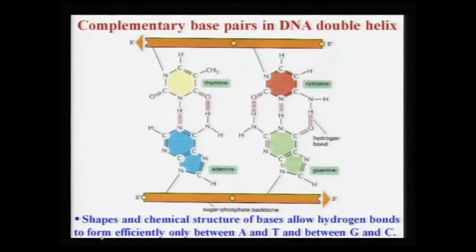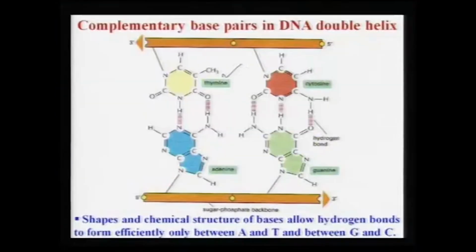Now, again all these nucleotide sequences would be difficult for you to remember, but I want to show you the typical organic structure of these bases A, T, G, C, the base pairs here. So, T is here, thymine.